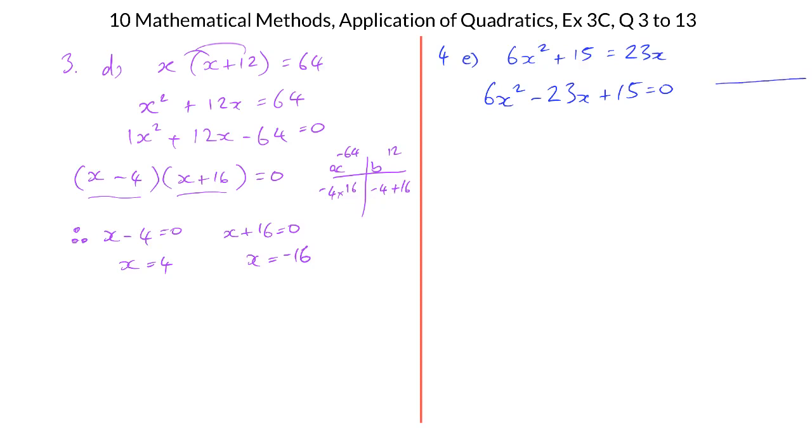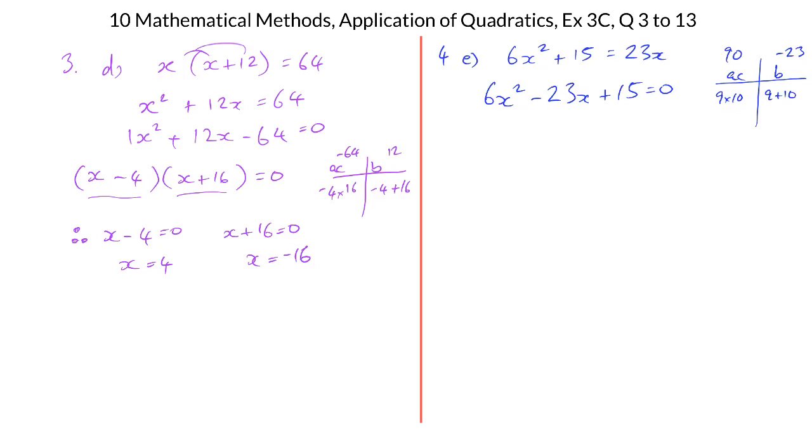Unfortunately, in this case, we don't have a common factor, and so we need to work out 6 times 15 is 90, and B is negative 23. So factors of 90 to add to give negative 23. Well, of course, 9 times 10 doesn't add to give 23, so that's no good.